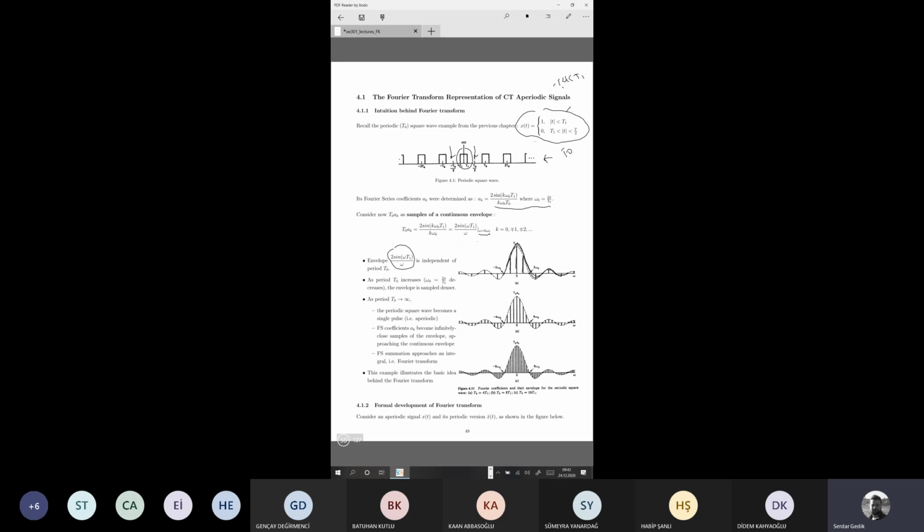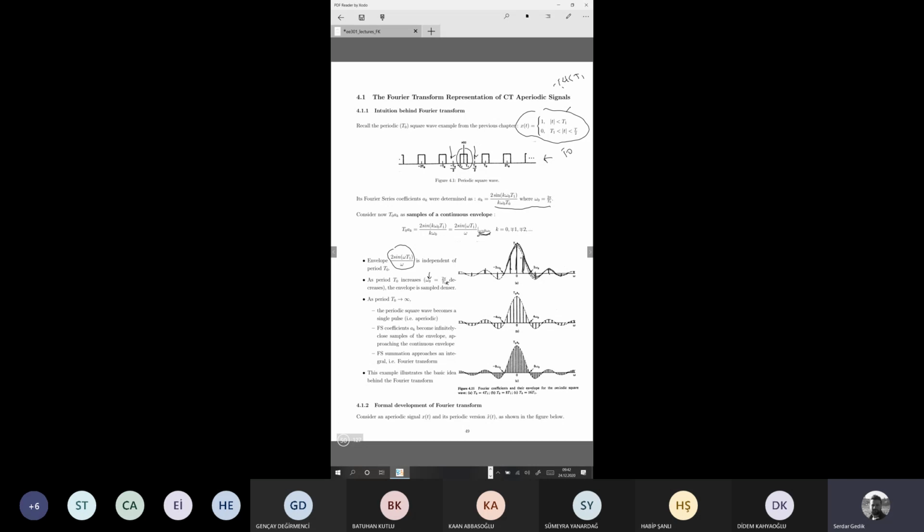As I increase t0, in other words, as I decrease omega 0, since increasing t0 means decreasing omega 0, the samples of this envelope become denser. What does it mean? I'm taking the samples here at omega equals k omega 0. These are my samples taken over this envelope.